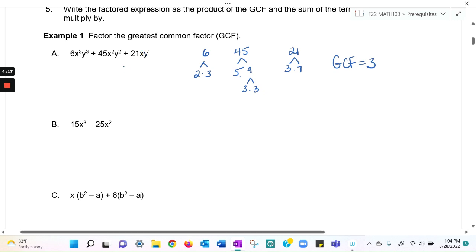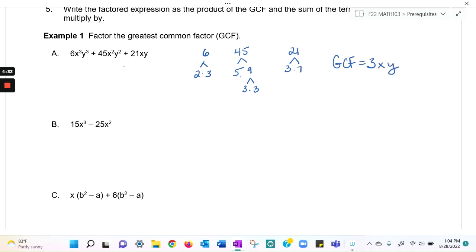You might think x squared or y squared or x cubed or y cubed are greater exponents, but x cubed doesn't go into 21xy. So what's common is the x and the y. Now we're going to take that 3xy and think of dividing each of these terms by 3xy.